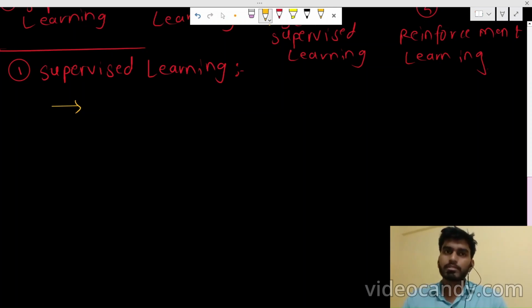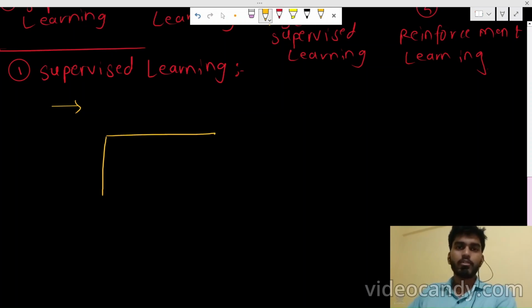Unsupervised learning is the opposite of that, I will tell you after this session. Let's understand first what is supervised learning. It is the learning which happens under supervision. The supervision part is done by the output column in the data.